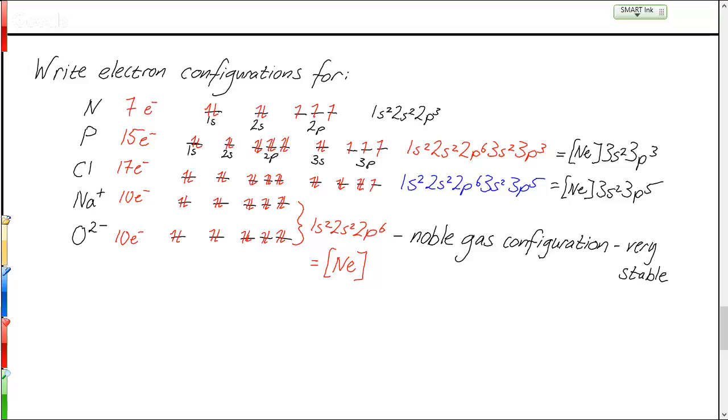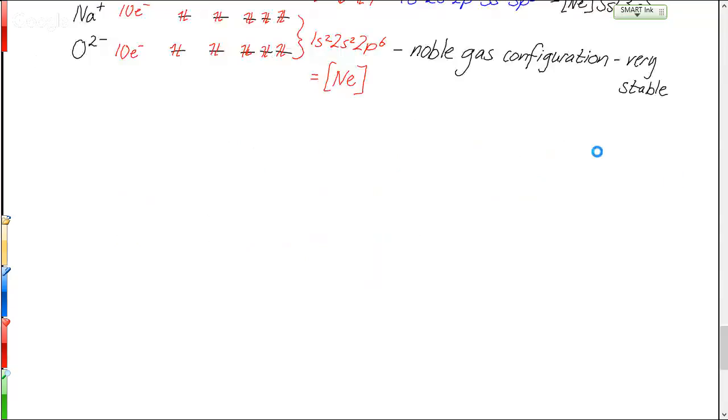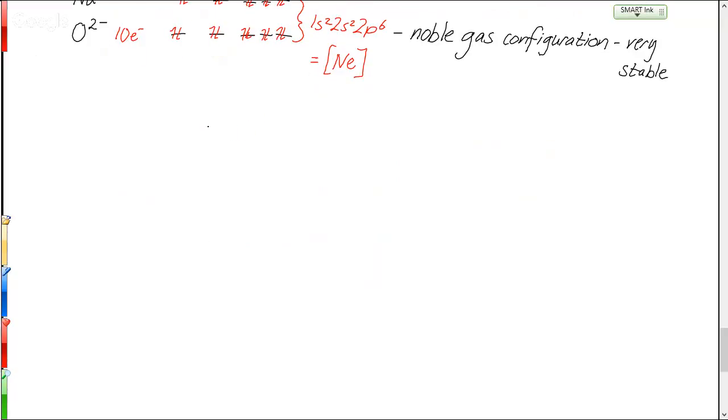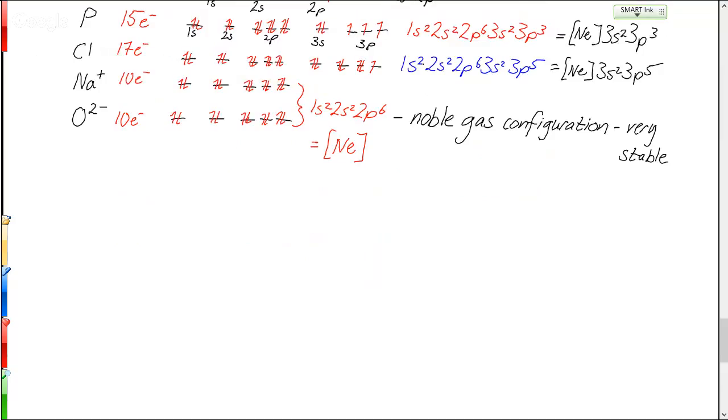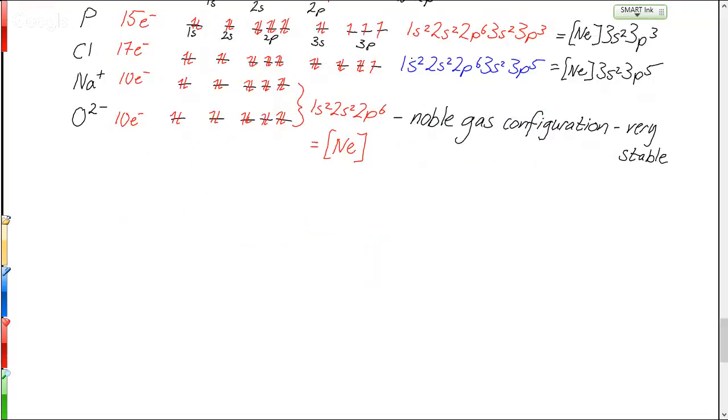Okay, so what happens when we go on? We'll talk about the transition metals and then we'll take a break. So after argon, we've filled up the 1s, the 2s, the 2p, the 3s, and the 3p. So where do we go from there? Let's look at it.